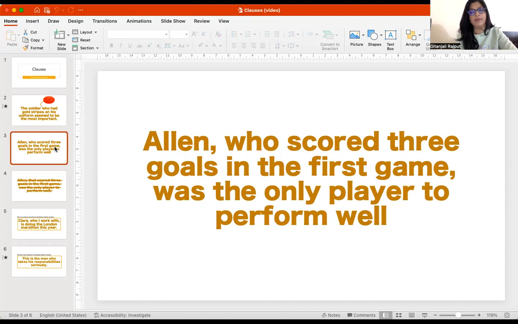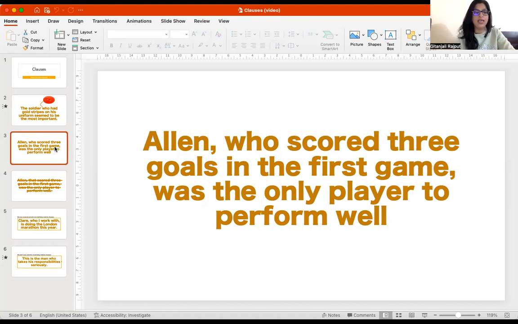So remember, defining relative clauses cannot be omitted. They provide necessary information, and non-defining relative clauses can easily be omitted as they are there just to provide extra information.